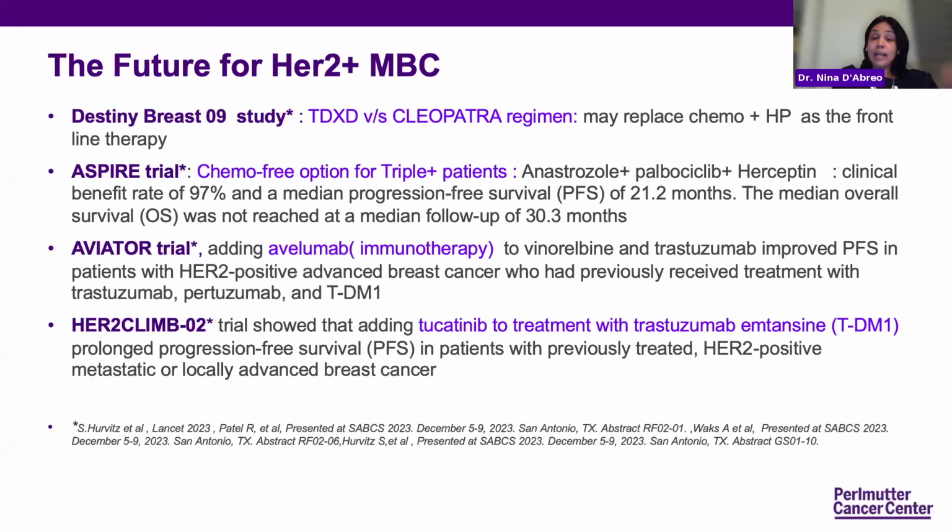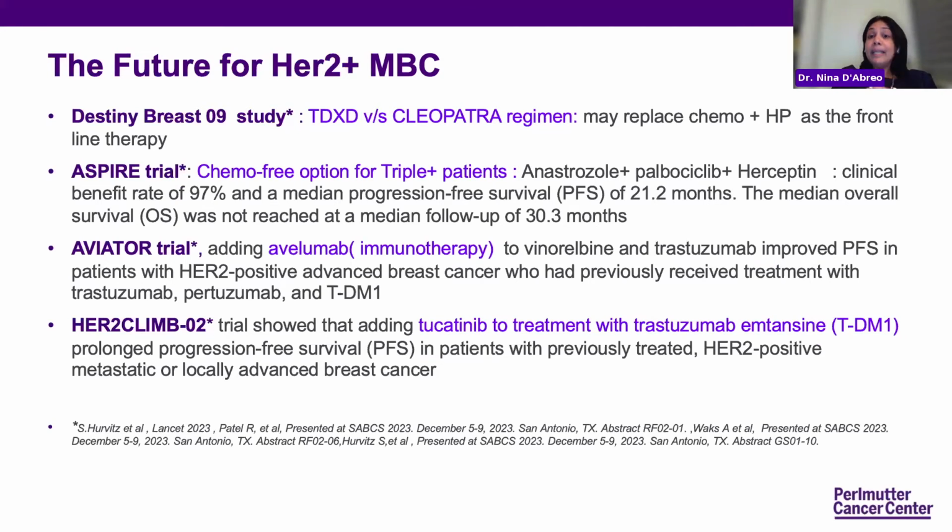So where does the future lie? Well, more of the same, but because we have such a great PFS, progression-free survival, with this drug on HER2, we're seeing a study that's ongoing that might actually replace this regimen that we've used since 2013 and might actually be the front runner. So we might have a non-aggressive chemotherapy option for our metastatic patients.